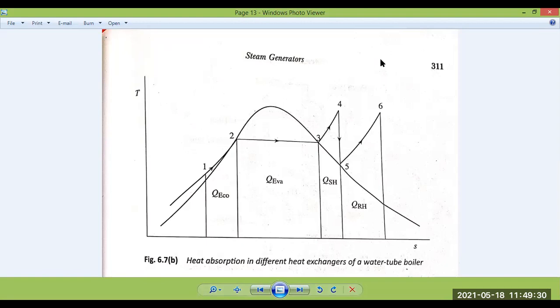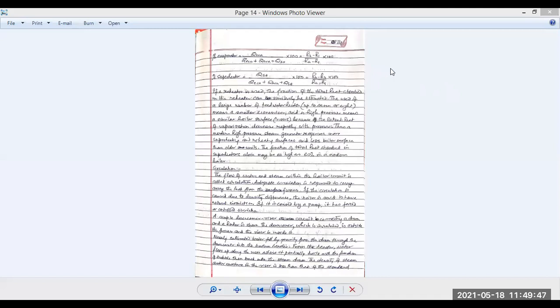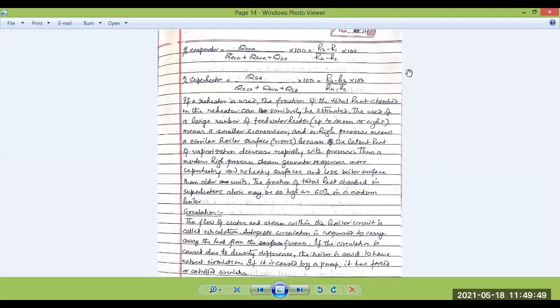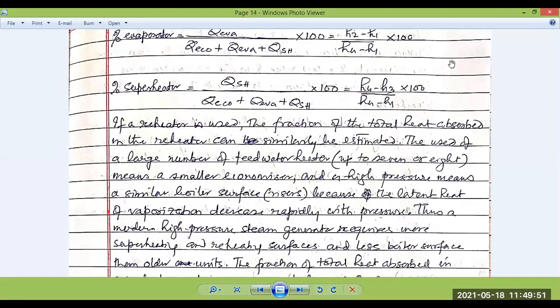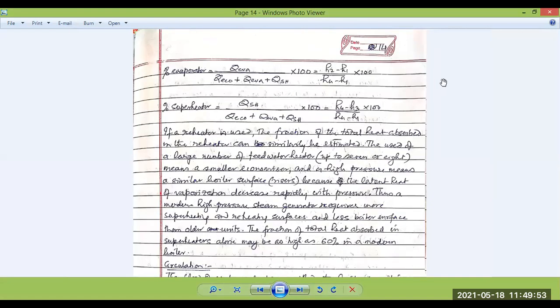Next, let us go to the next process. So here what we are getting is the percentage of heat addition to the evaporator.